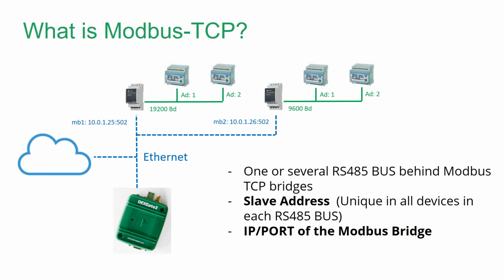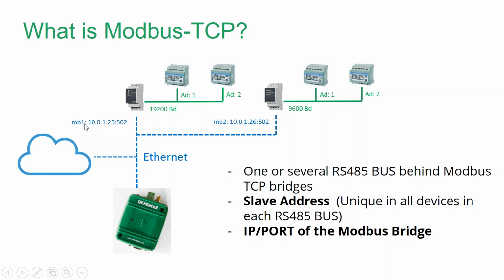This is the same as we've seen before, but here the gateway is not connected to a local RS-485 bus, but to the Ethernet of the building, okay? And then I have two remote RS-485 buses, 1 and 2, okay? Look that they are all behind a Modbus bridge. This Modbus bridge that is on the network has its own IP.